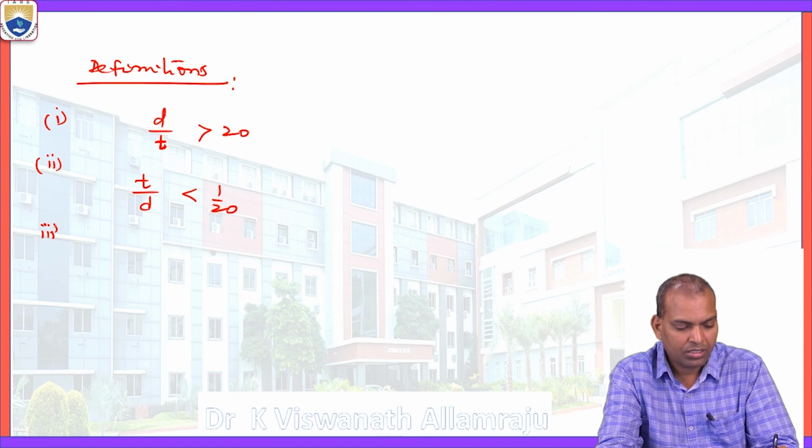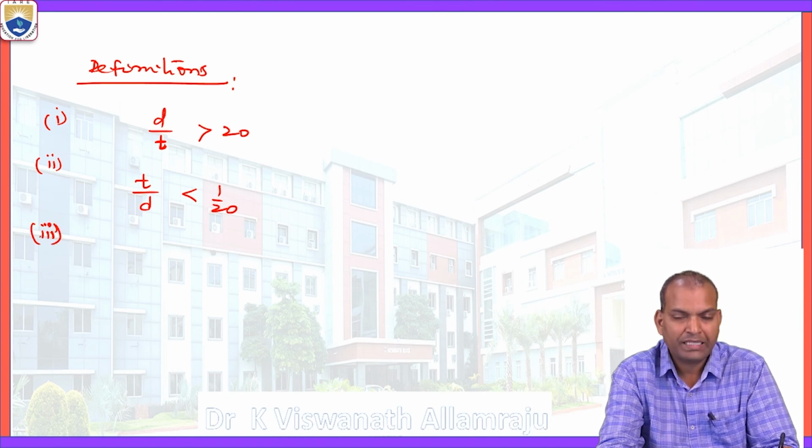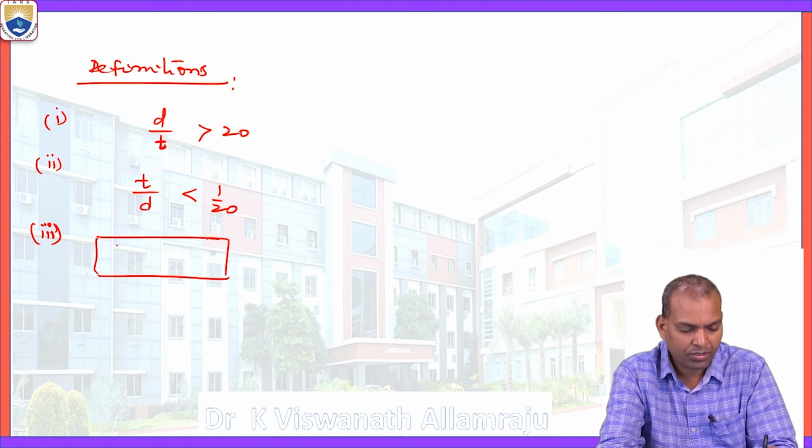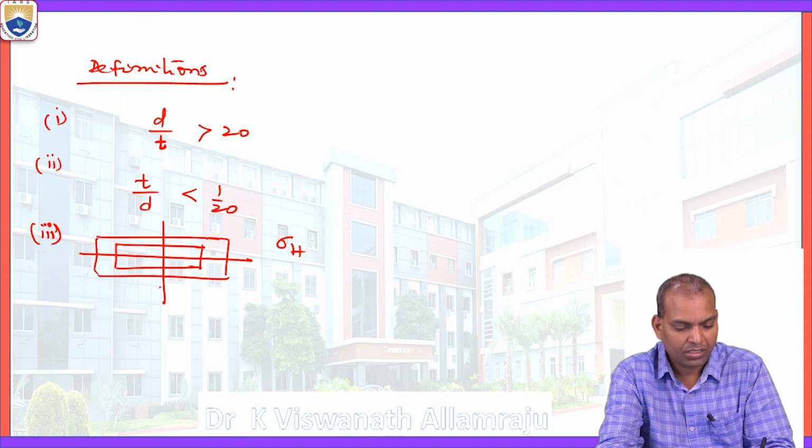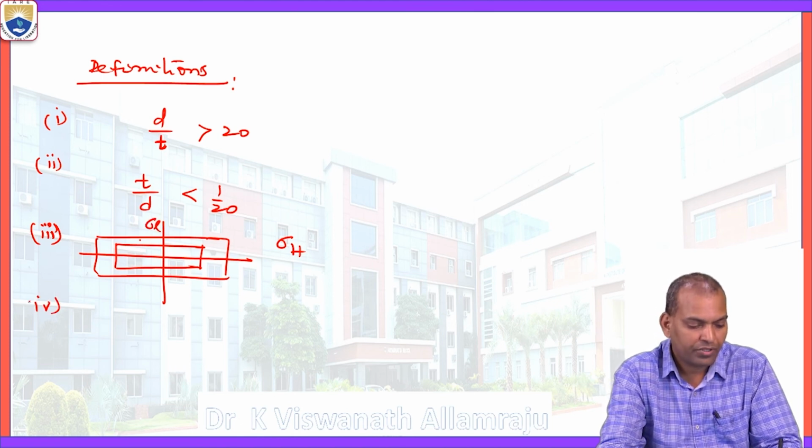And the third is the circumferential stress. The bursting takes place in two directions of a thin, closed cylinder: along the longitudinal axis, and along the circumferential direction. The bursting takes place at two places; this gives the longitudinal stress. What is the circumferential stress?